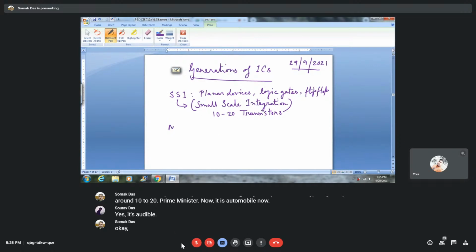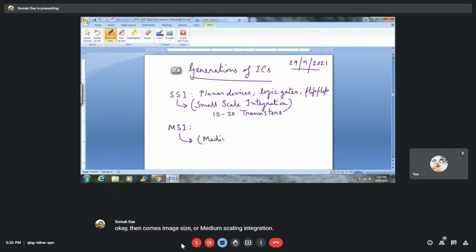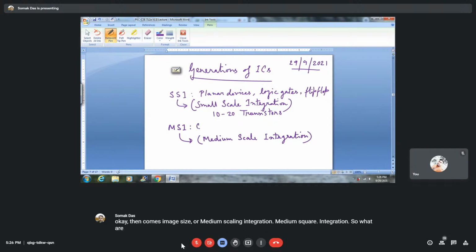Then comes MSI or medium scale integration. So what are the example devices?